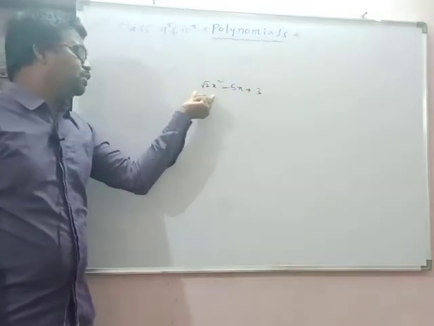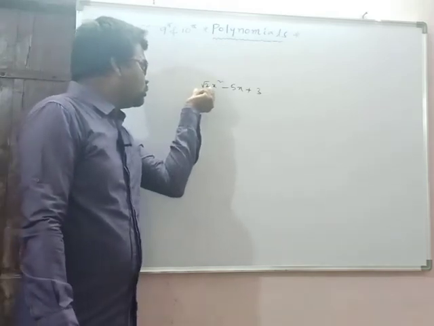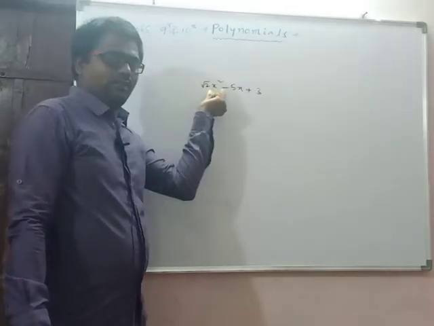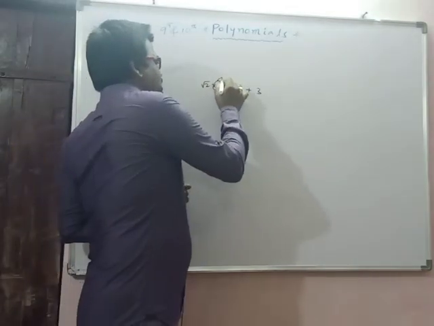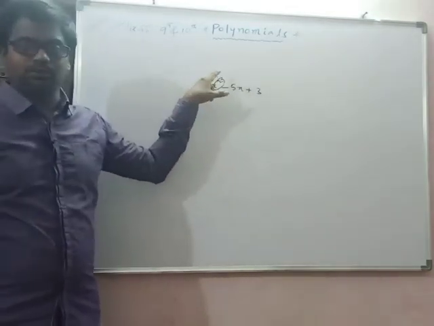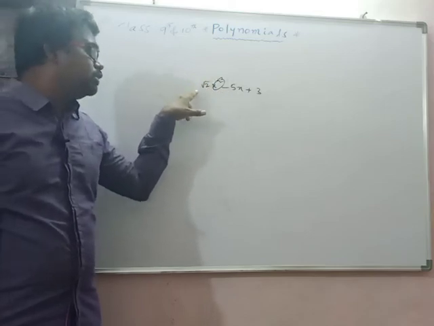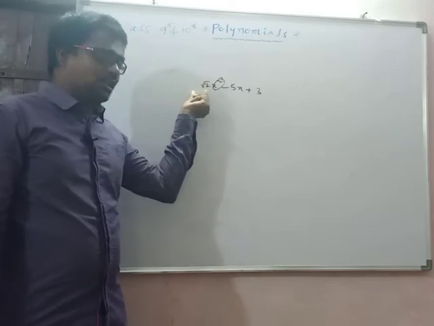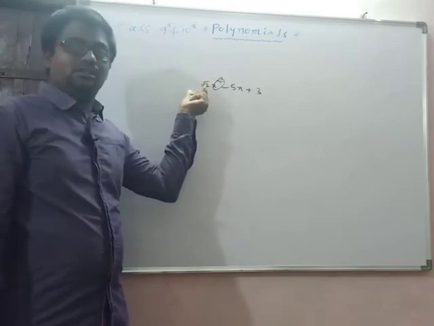Suppose in this example, the root is only on 2, not x square. So x square, x has a positive power, not 2. But here root 2 is a number.